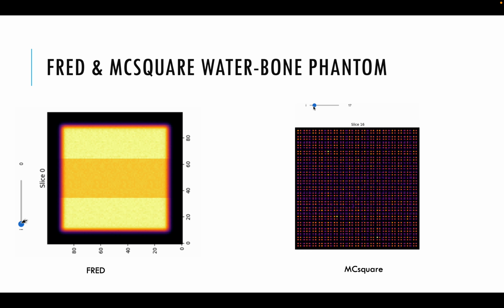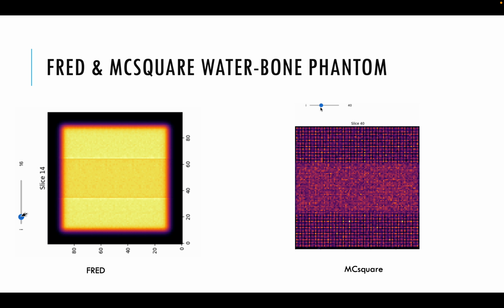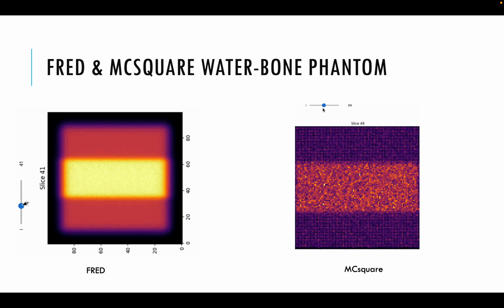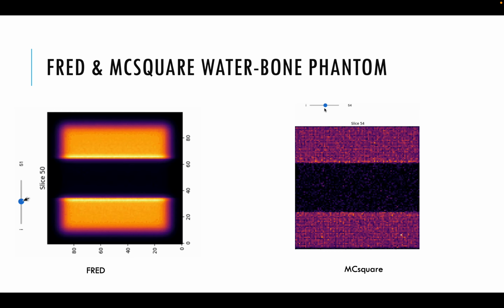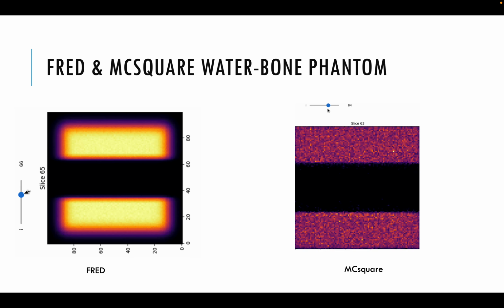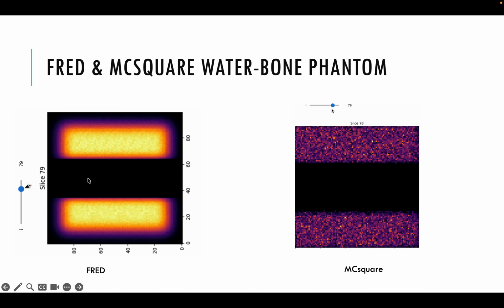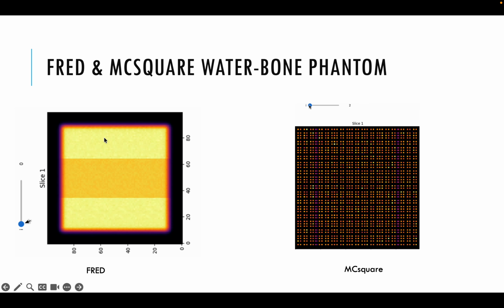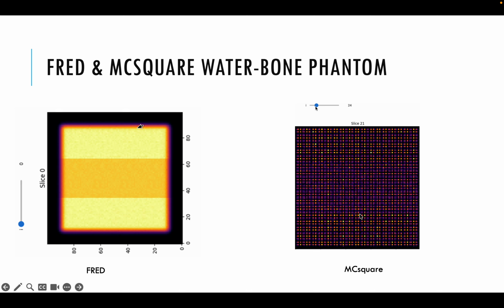Now, the next experiment was to see how protons behave in a heterogeneous medium. You notice that first the Bragg peak appeared in the bone, which is here, and water is on this side. Same case here.